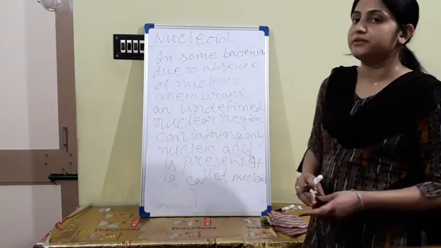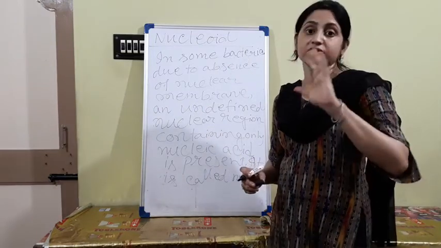So in some bacteria and primitive animals, there is an absence of nuclear membrane.